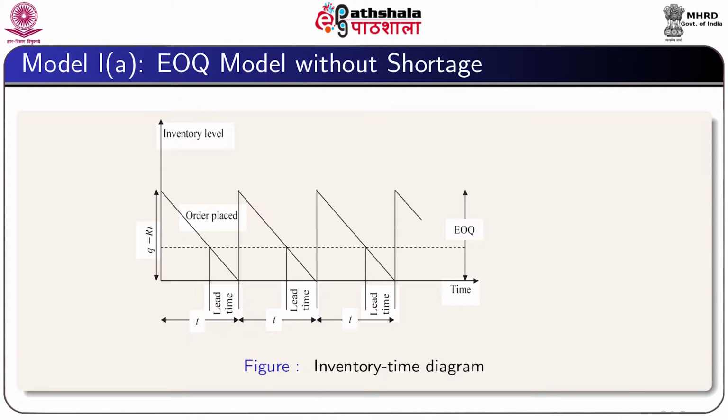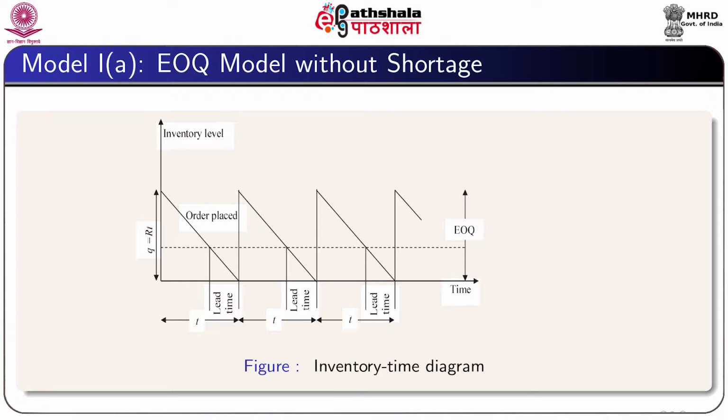This figure shows the inventory time diagram, and this diagram is drawn considering lead time as known, not 0. Initially the inventory level is Q at time 0, and since the demand is constant, the inventory level decreases and ultimately is reduced to some level called the reorder level, where the order for the next replenishment is made.